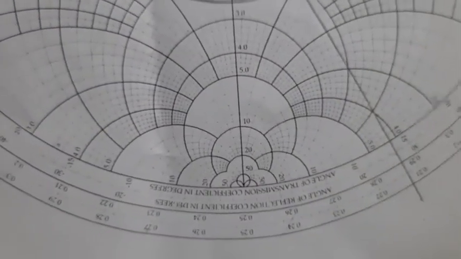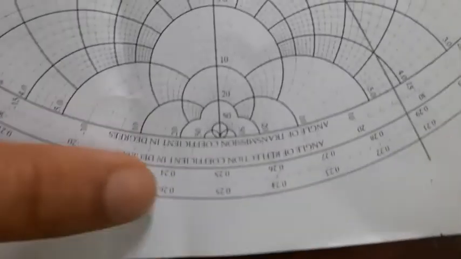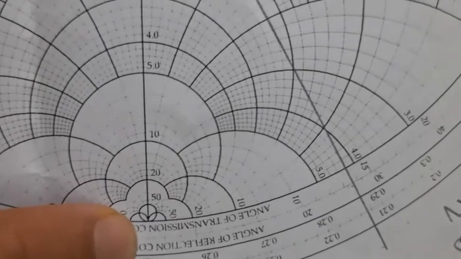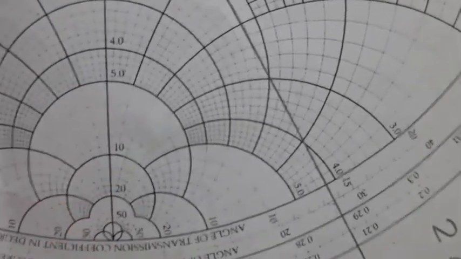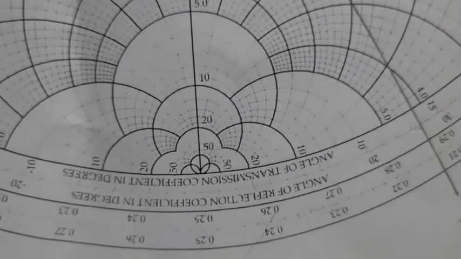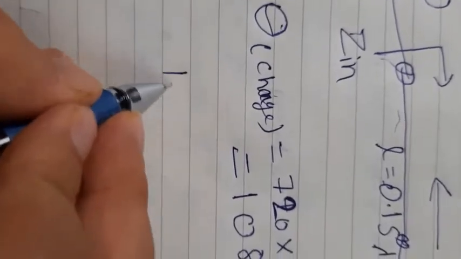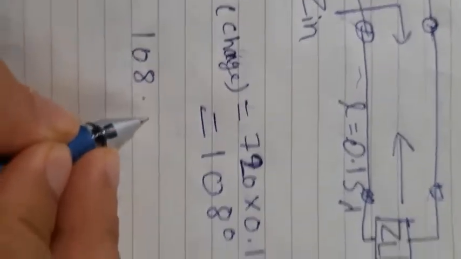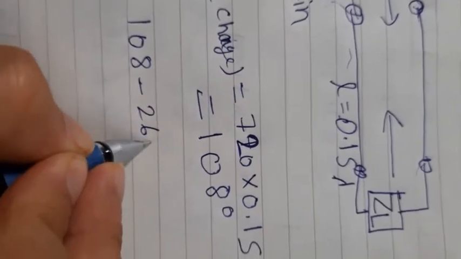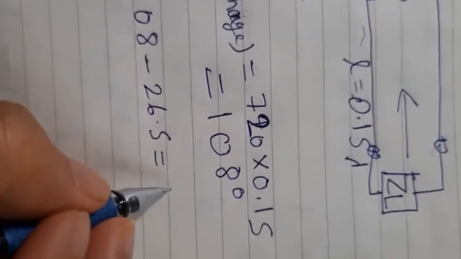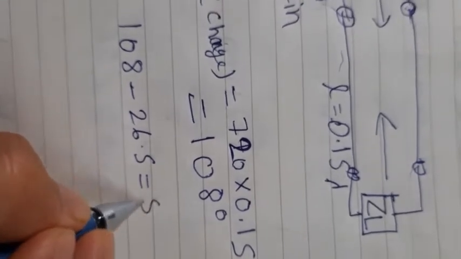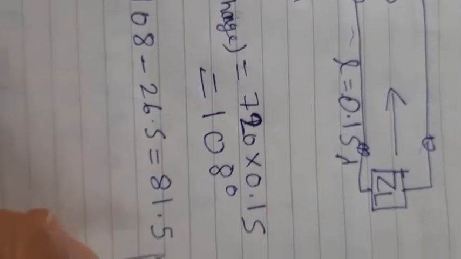To go to 108 degrees, first we need to come here, which counts 26.5, and again in the lower half we need to go 108 minus 26.5, and it will become 81.5.